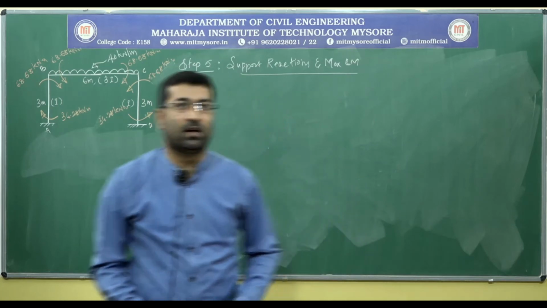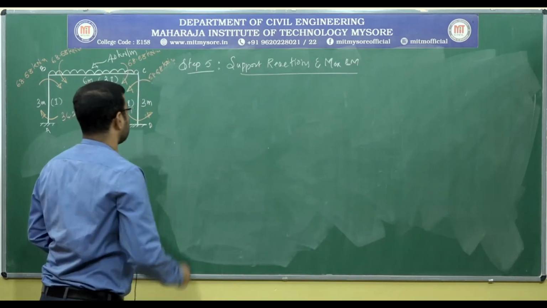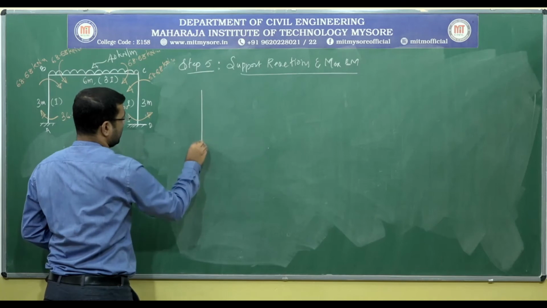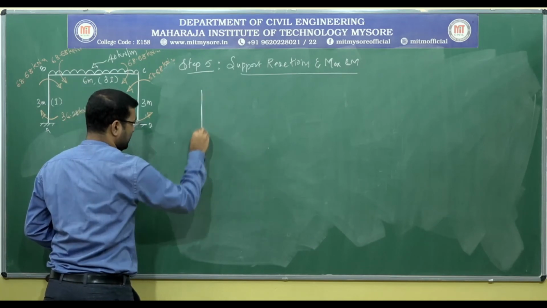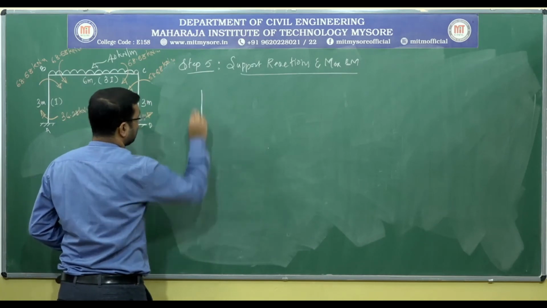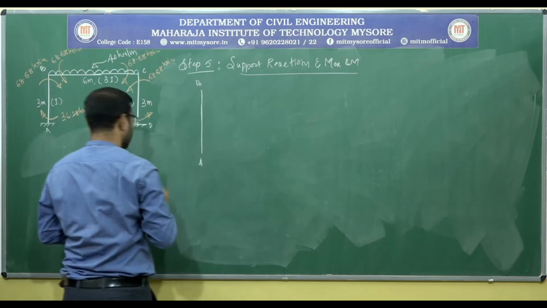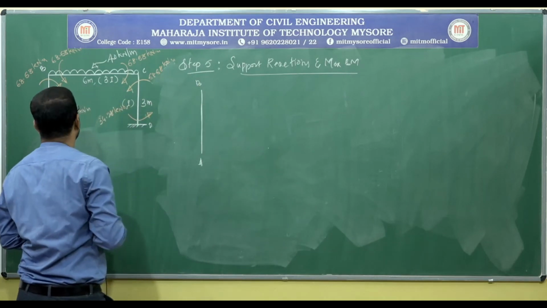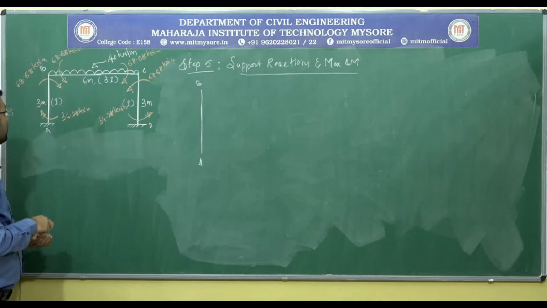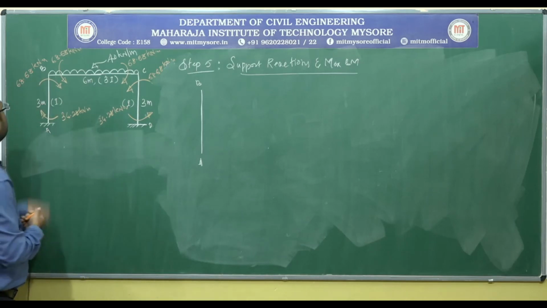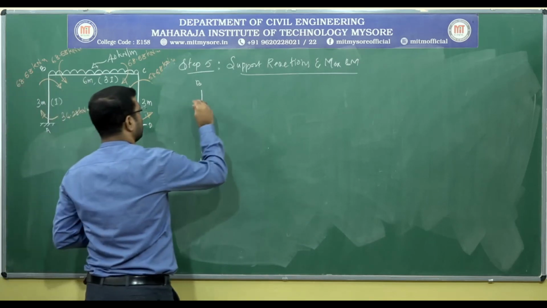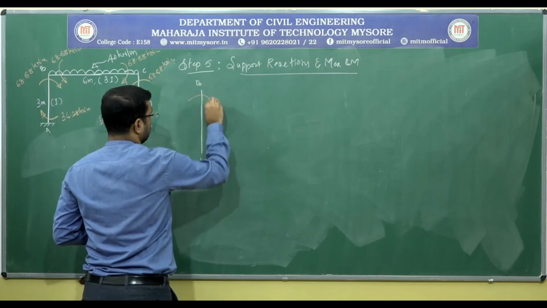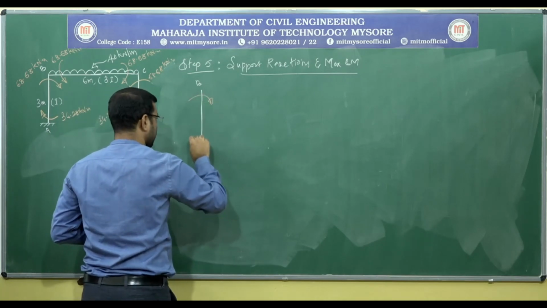So for this, I am going to draw the free body diagram of each span separately. Let us say this is member AB. For this member AB, we don't have any loads, but we have the external moments.